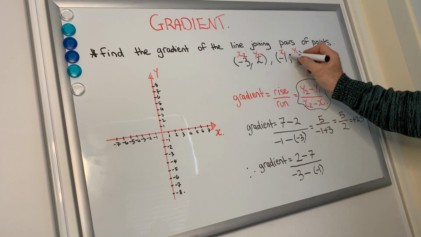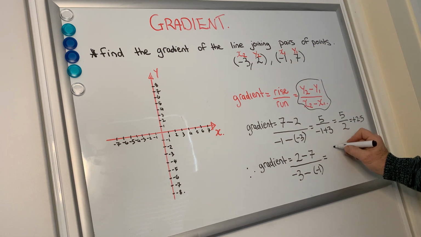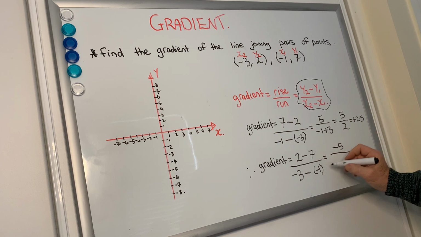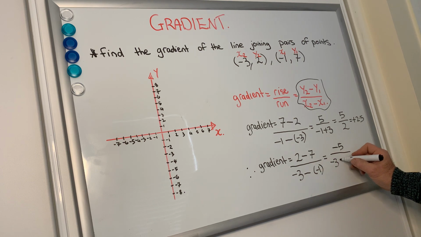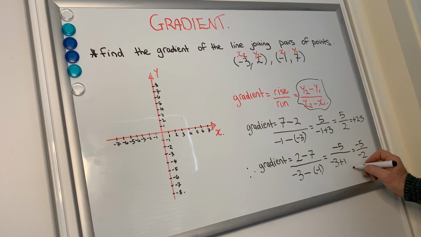That's equal to 2 minus 7 is minus 5, divided by minus 3 minus 1, which is the same as saying minus 3 plus 1, which is minus 2. So minus 5 over minus 2. The negatives cancel, we get the same answer, 5 over 2, which is equal to 2.5.